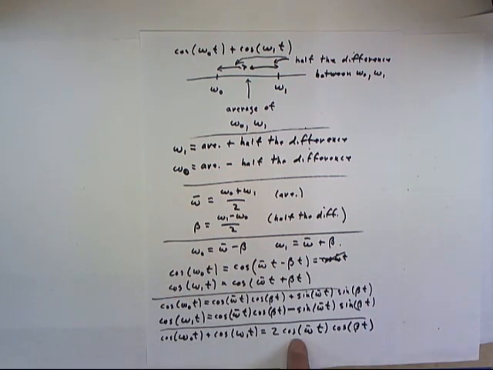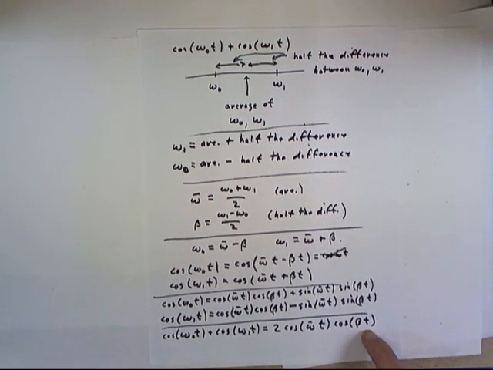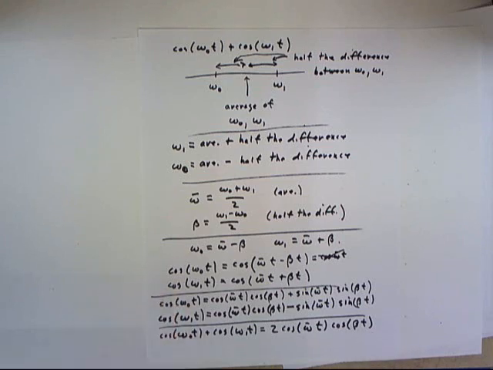Okay, so I'm going to hazard a guess that I didn't make a mistake, and that when we add these two, we get this. Now, your text uses a different formula for the cosine of theta 1 plus theta 2, and I'll examine it in just a minute.